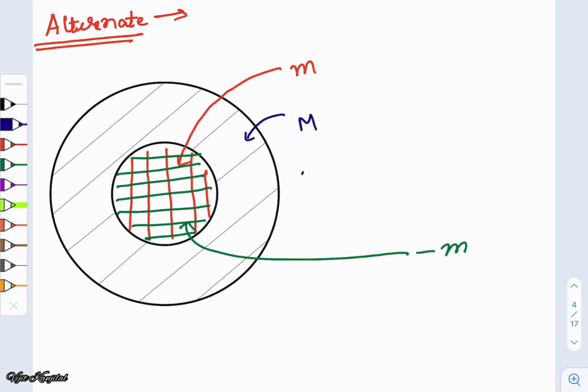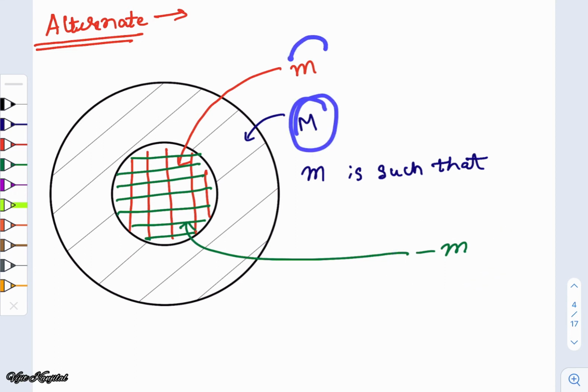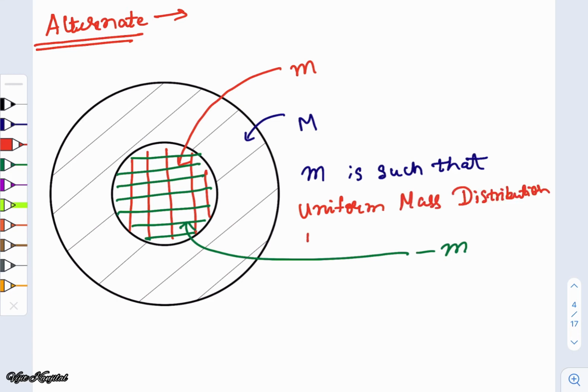And the value of small m is such that if we just temporarily ignore minus m and if we just consider the masses capital M and small m, there is going to be uniform mass distribution in the disk.